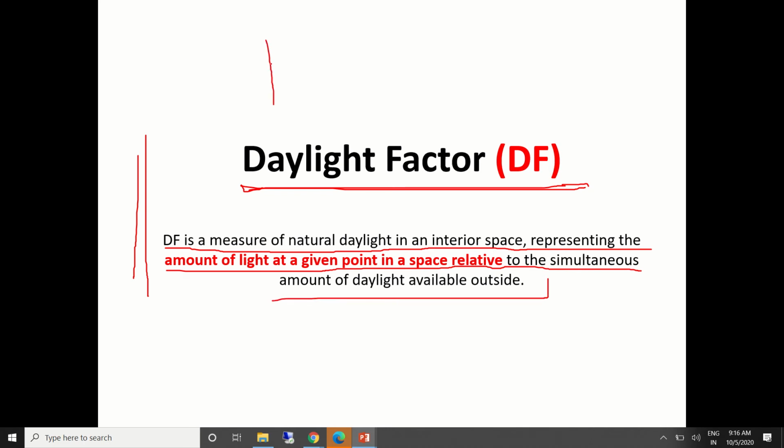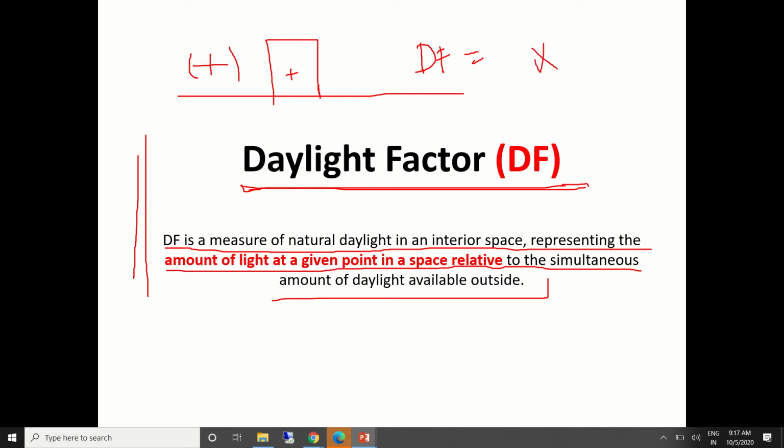For example, we have this built structure and we want to know what the lux level is here, in this closed room environment. It is the amount of daylight that is available inside the room versus the amount of light that is available in the exterior environment conditions.